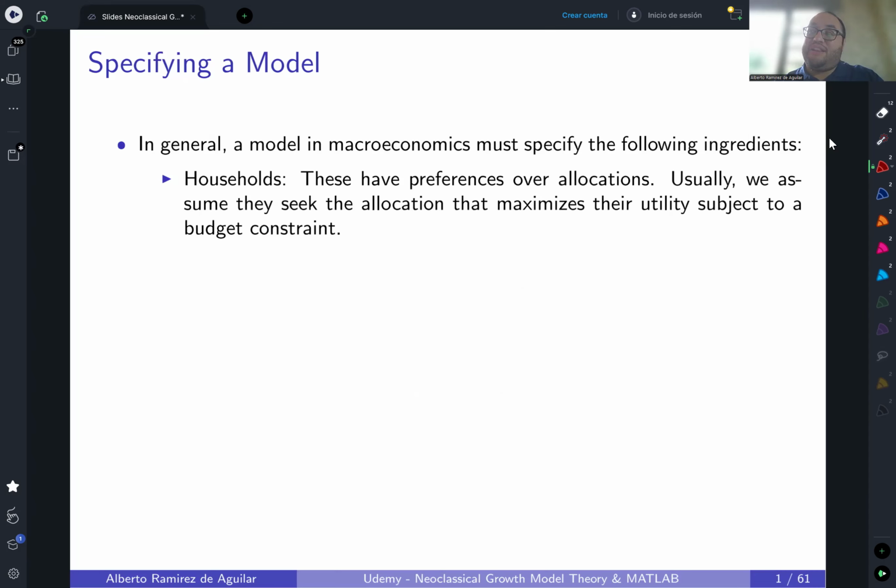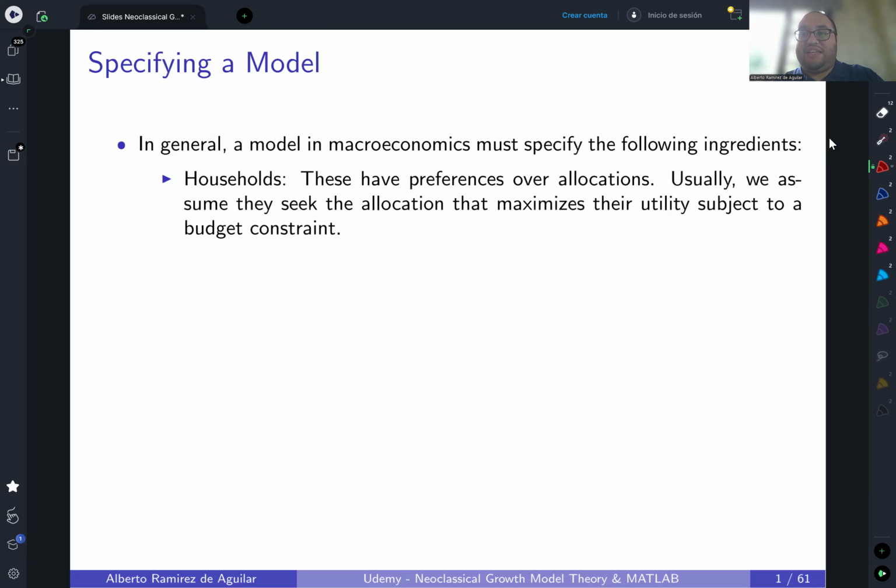And the important thing here is that households are going to have preferences. They're going to prefer consuming one thing over others. And this is the most important ingredient that they bring into the framework. Households have preferences over allocations of consumption. They prefer consuming usually more than less.